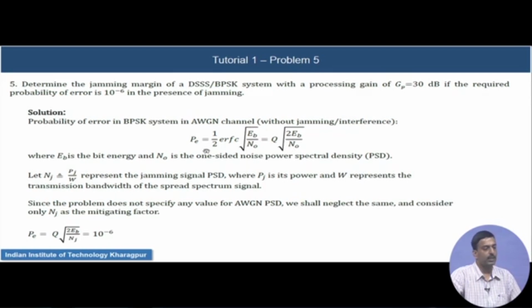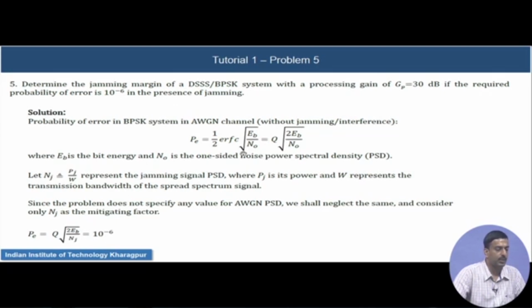Now what we need to note here is that there are some simplistic assumptions made while calculating this P_e, one of them being that the probability of zeros and ones in this particular communication system is the same. So what we do is we find out this ratio E_b/N_0, which requires calculation based on the specified probability of error.